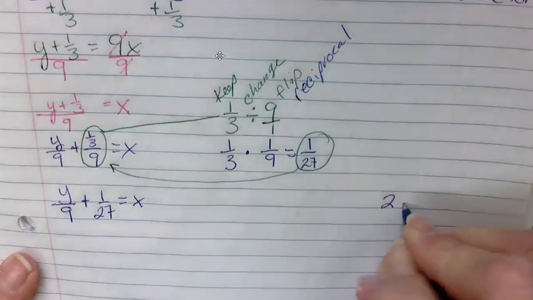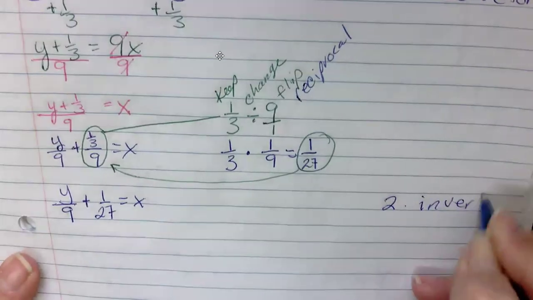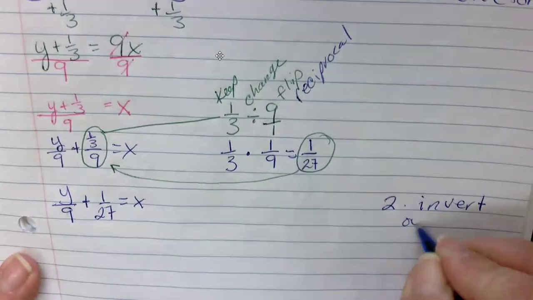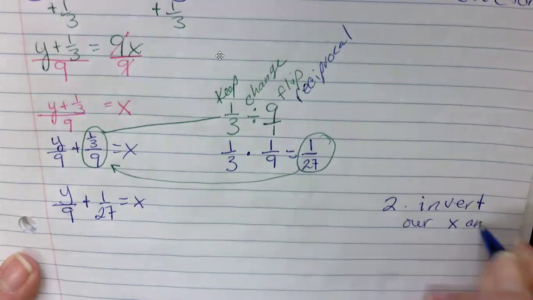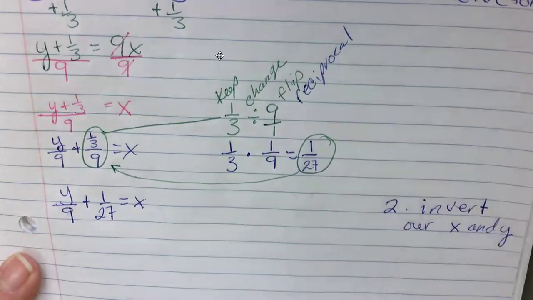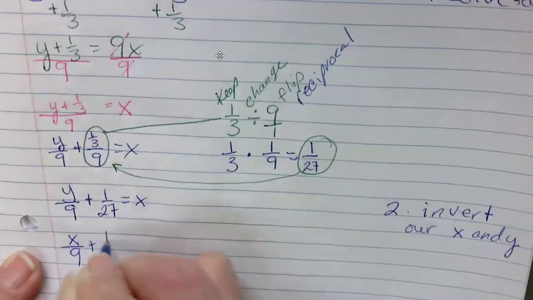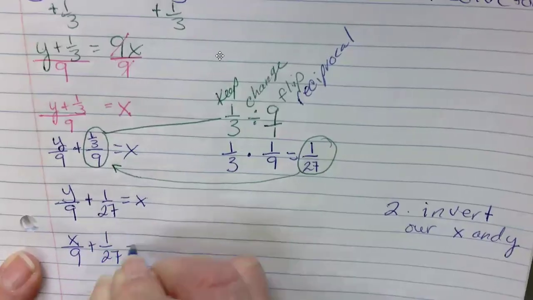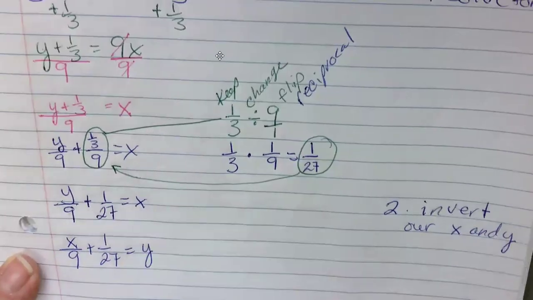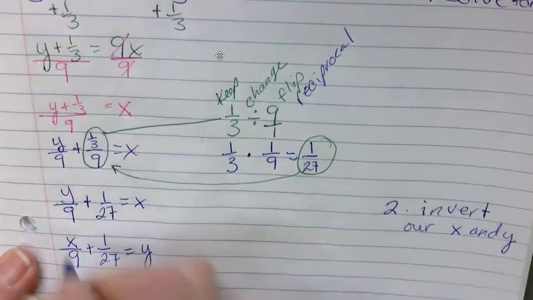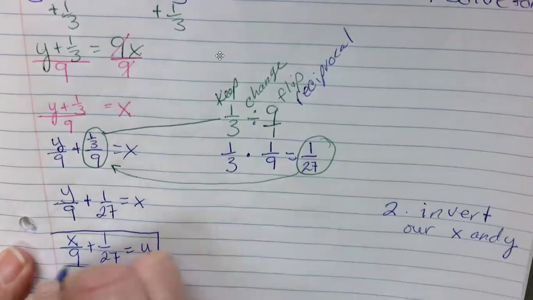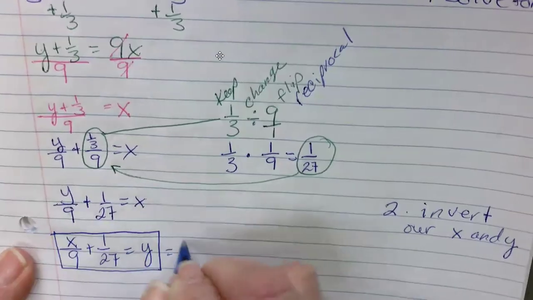Step 2 is to invert our variables, which are x and y at the moment. So we get x over 9 plus 1 over 27 equals y instead of x. And then that is our inverted equation that we will use.